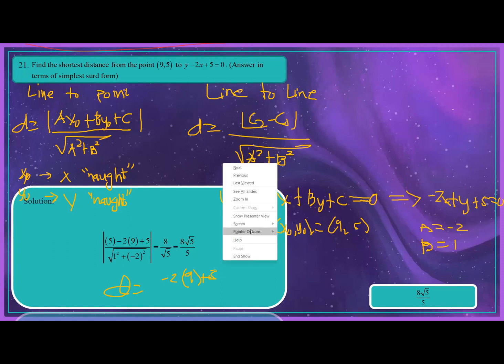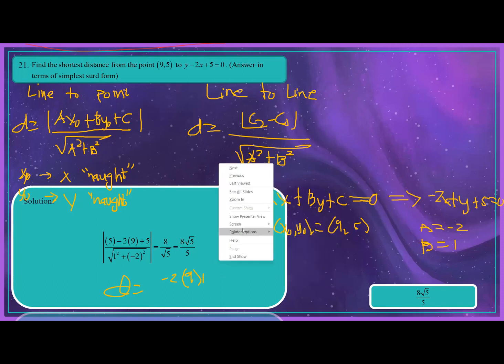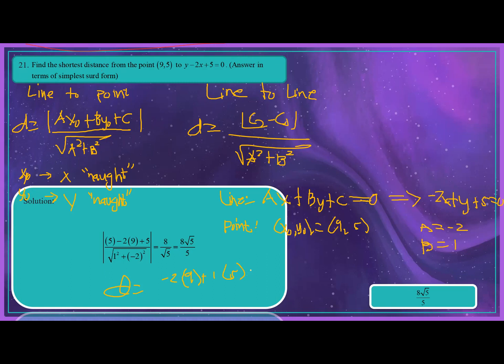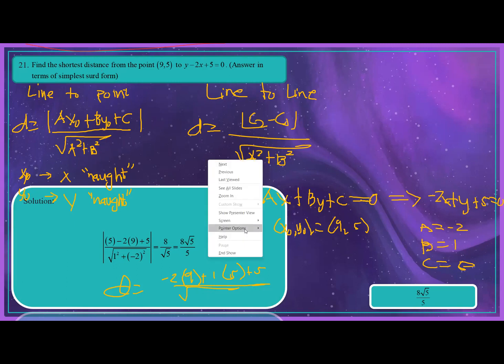then plus b, which is 1, times 5, then plus c, which is 5, over the square root of negative 2 squared plus 1 squared.